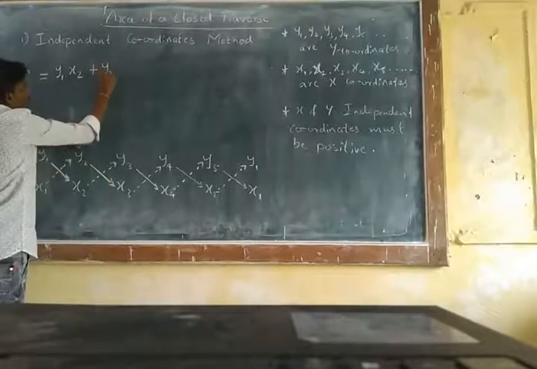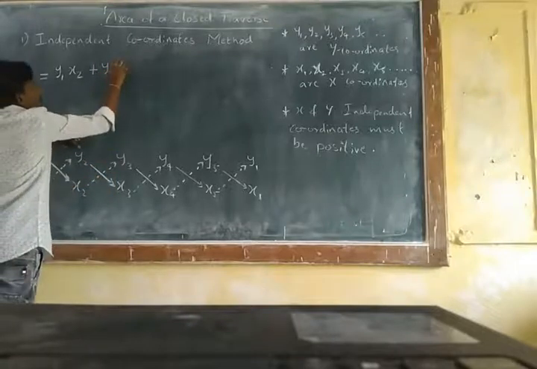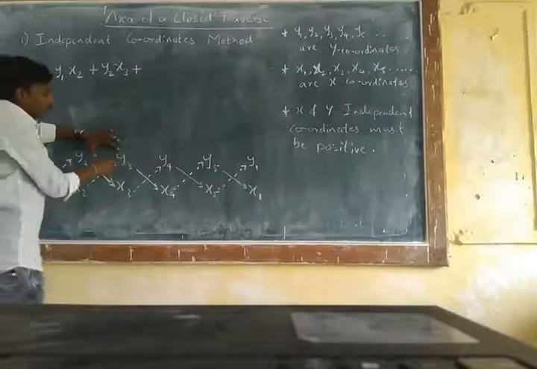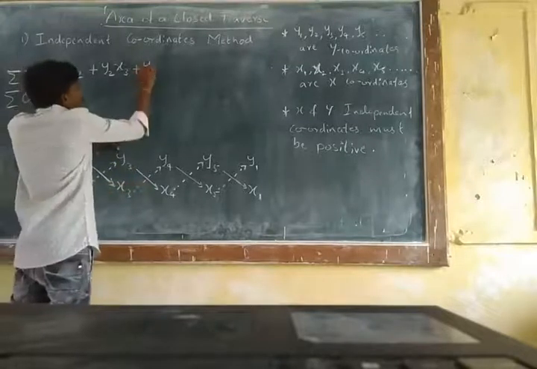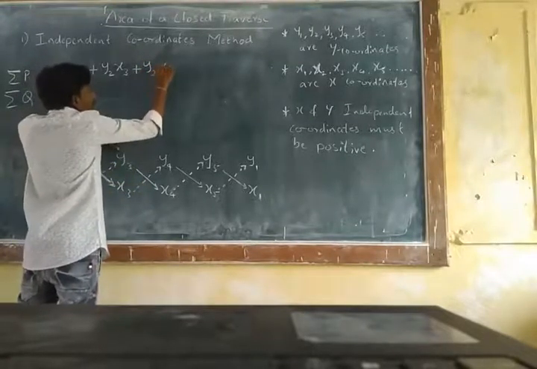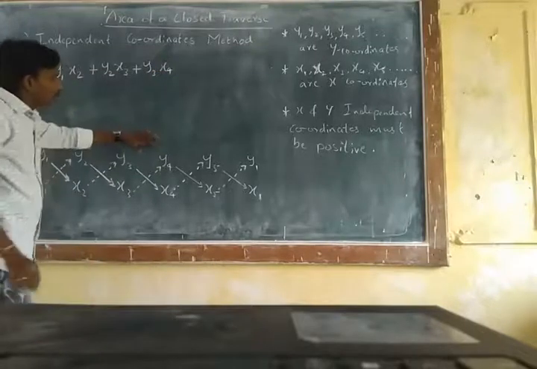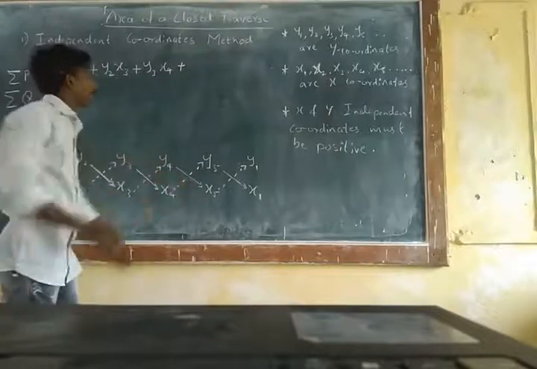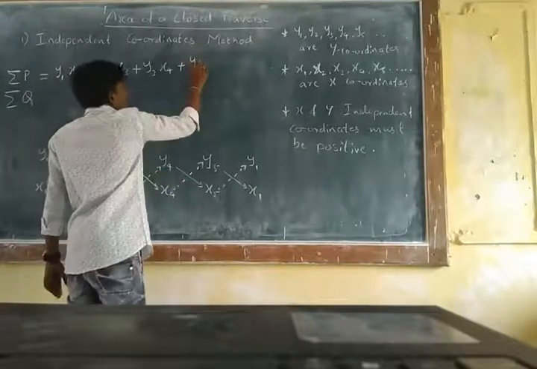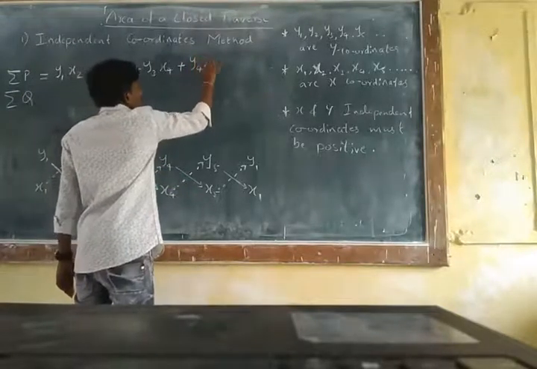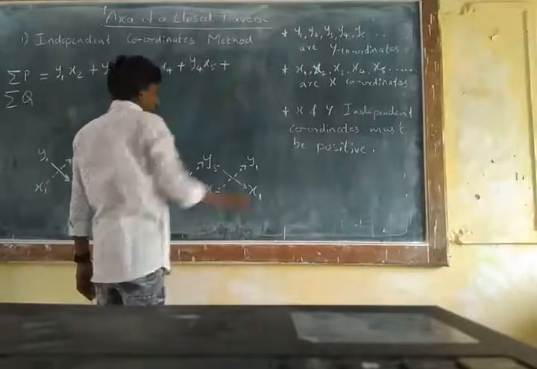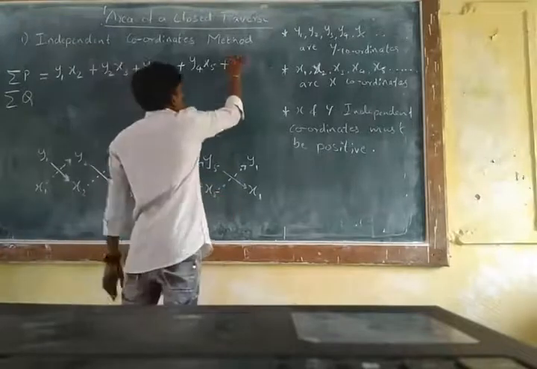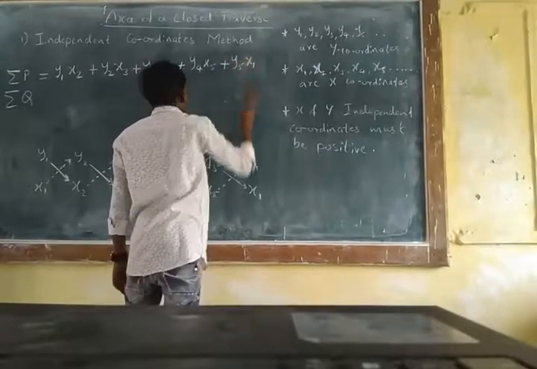So write y2 multiplied by x3. Now again plus, let's move to y3. So y3 is showing x4. So y3 multiplied by x4, and then again plus y4. Y4 is going towards x5. So y4 x5 and plus, now y5 is going towards x1. So y5 multiplied by x1.